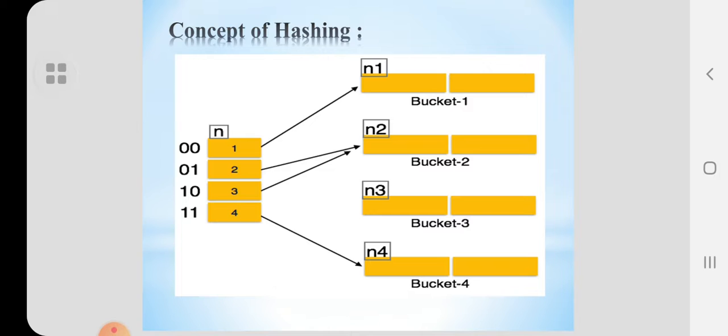The figure shows bucket 1, bucket 2, bucket 3, bucket 4, and here the index file is there. Then we will take a simple hashing function, h of k equal to k mod s, where h of k produces an address and h is a hash function.